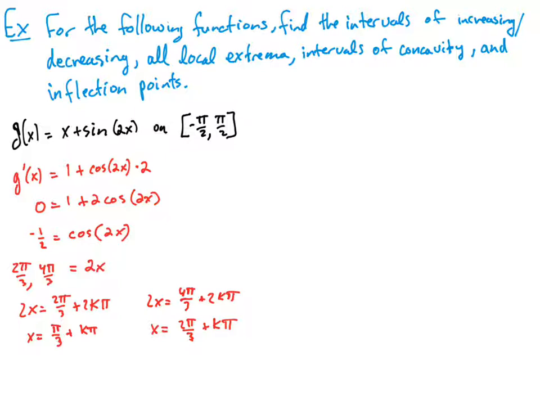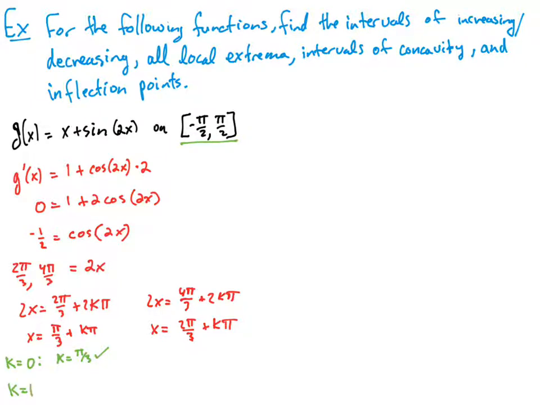And then what we do is we test values of k, because we ultimately want angles that are in this interval, negative pi over 2 to pi over 2. So when k is equal to 0, we get an x value of x is equal to pi over 3. Pi over 3 is in that interval, so pi over 3 is a solution.